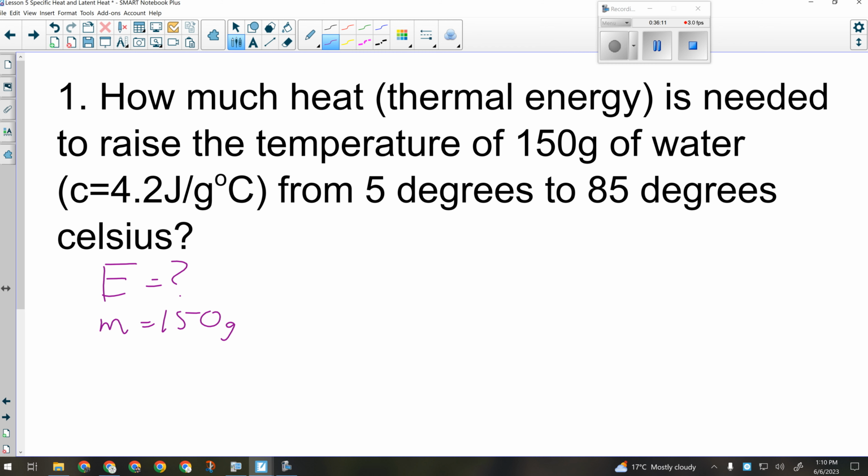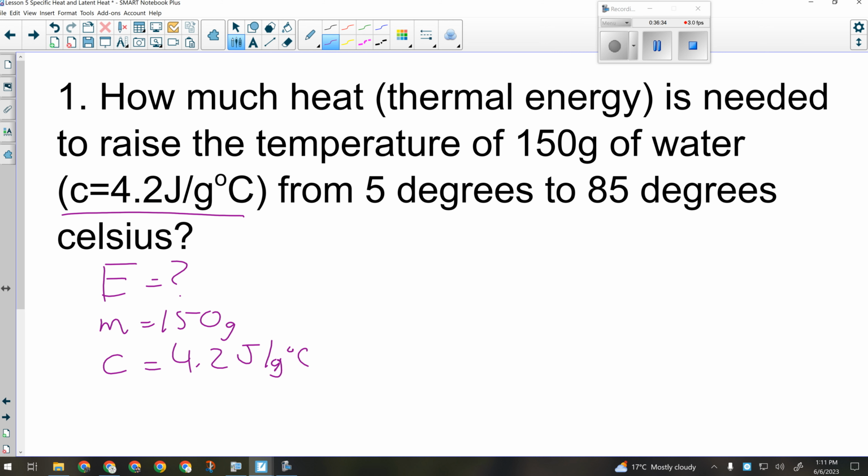Of water. When they tell me water, in this case they actually told me what C was. Sometimes I might have to refer to the chart in my work booklet, because in your digital workbook for this unit, there's actually a chart of common specific heat capacities that you can look at. In this case, they told me the specific heat capacity for water is 4.2 joules per gram degree Celsius.